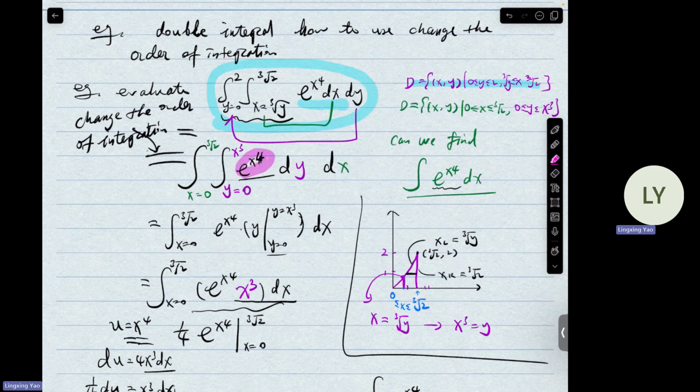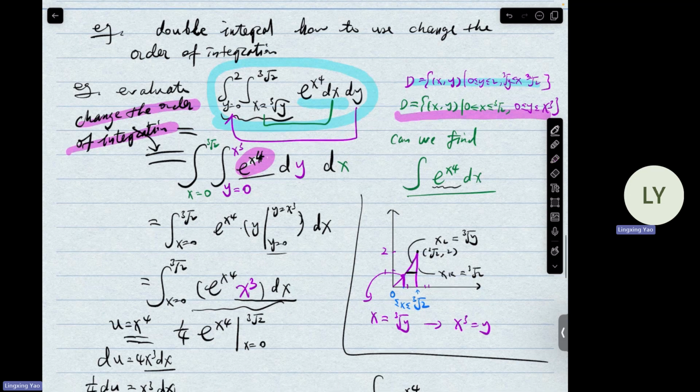So we try to integrate along that variable y first. And what we did is looking at the same domain, but treated this domain as a type 1 region so that we essentially change the order of the integration. Okay, so this is one technique. There are other important examples we want to go over.